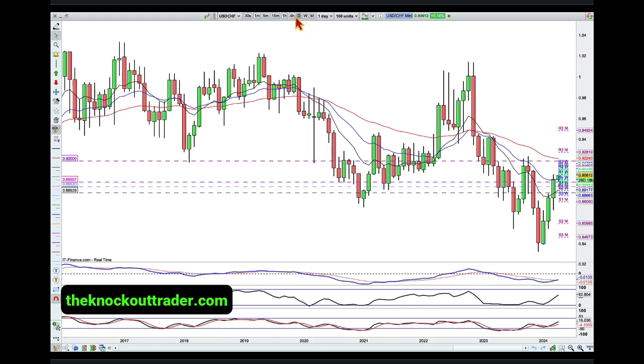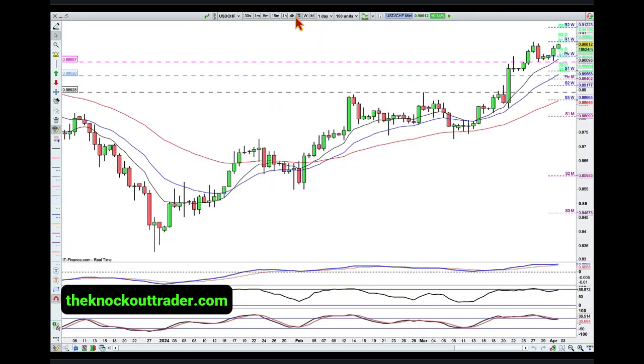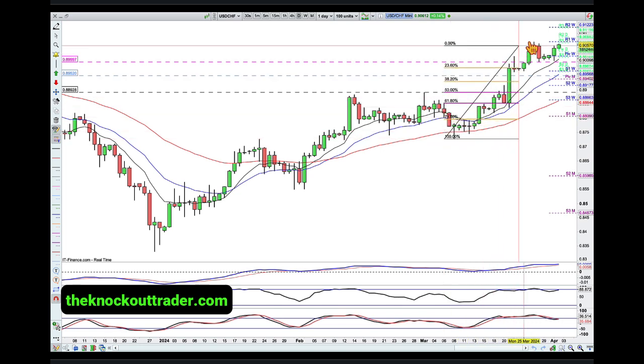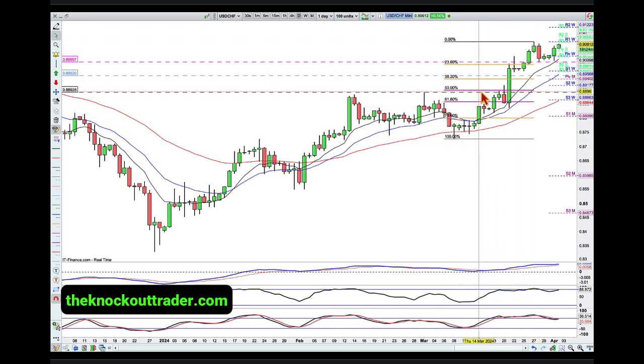So coming back into the daily, one more element that I'm going to add around this area is a Fibonacci retracement. If I take it from the low to the high, we can see that the 50% retracement sits quite nicely around that 0.89.